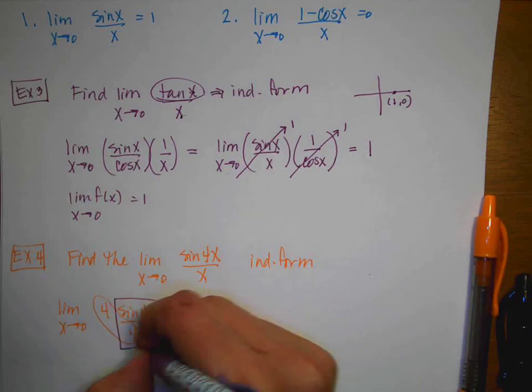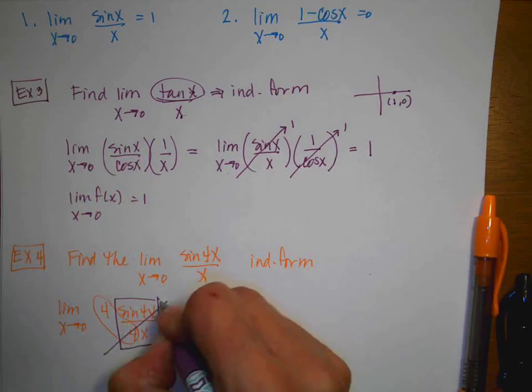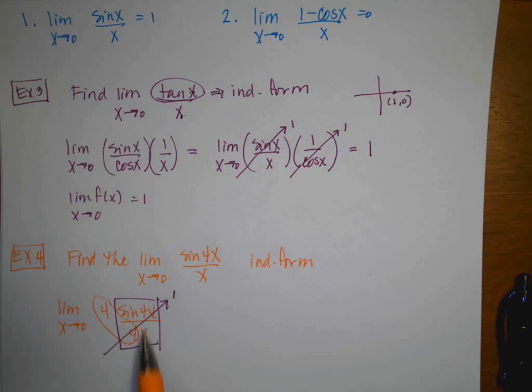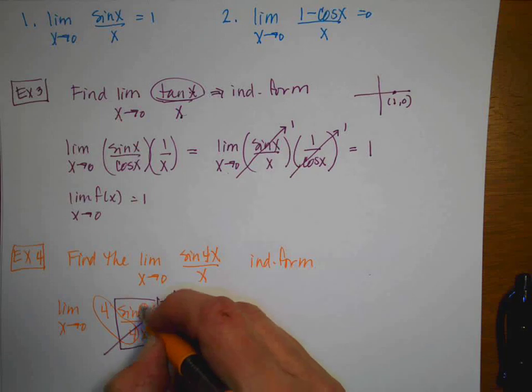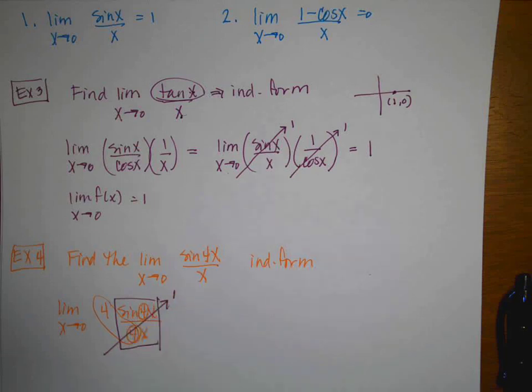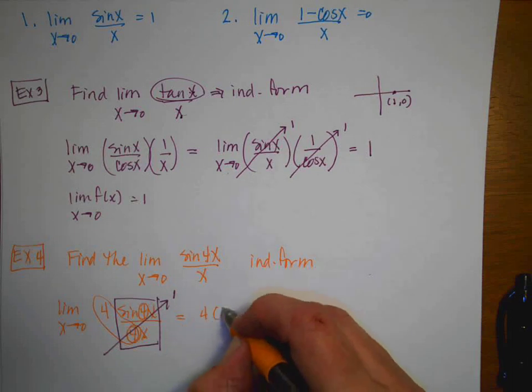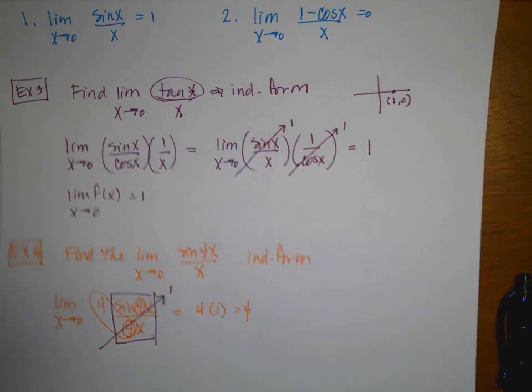And this piece is 1. It doesn't matter if it is the sine of 4x over 4x, it could be the sine of 100x. What matters is that the number in the numerator and the number in the denominator match. So then this is 4 times 1, which is 4.